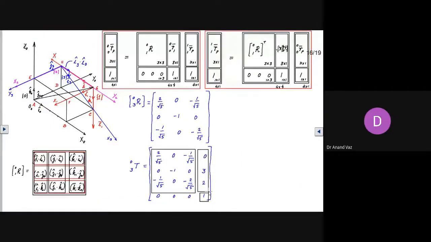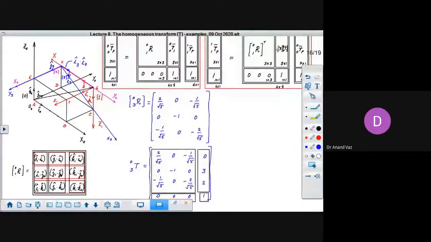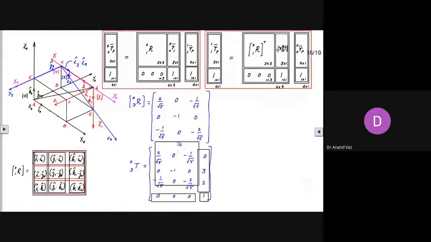This corresponds to the position vector representing the origin, and this is just 3 by 1 here, 1 by 3 here. So this is the structure of this matrix, and this is T3 to 0. I hope now you have understood how the construction is done, and you can handle even more complicated cases. I hope this is clear to all of you.